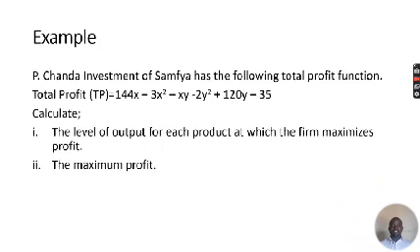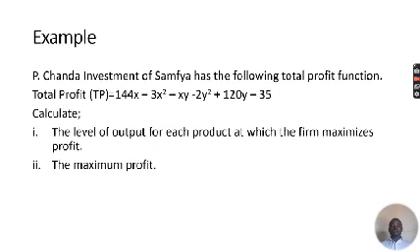Let's take into consideration the example at hand. The question reads as follows. Picture the investment of Cynthia as the following total profit function. The total profit function, TP, is equal to 144x minus 3x squared minus xy minus 2y squared plus 120y minus 35.